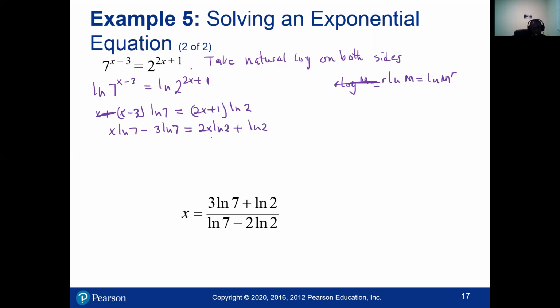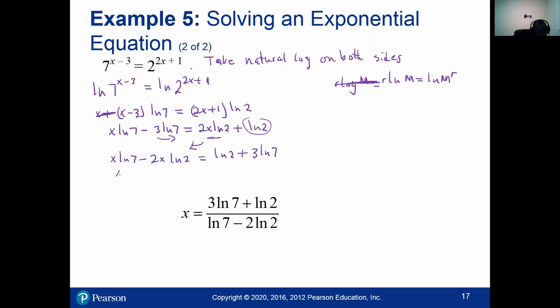And so we move the terms involving x to one side and the others to the other side. That gives me x ln 7 minus 2x ln 2 equal to ln 2, which is already there, plus 3 ln 7.